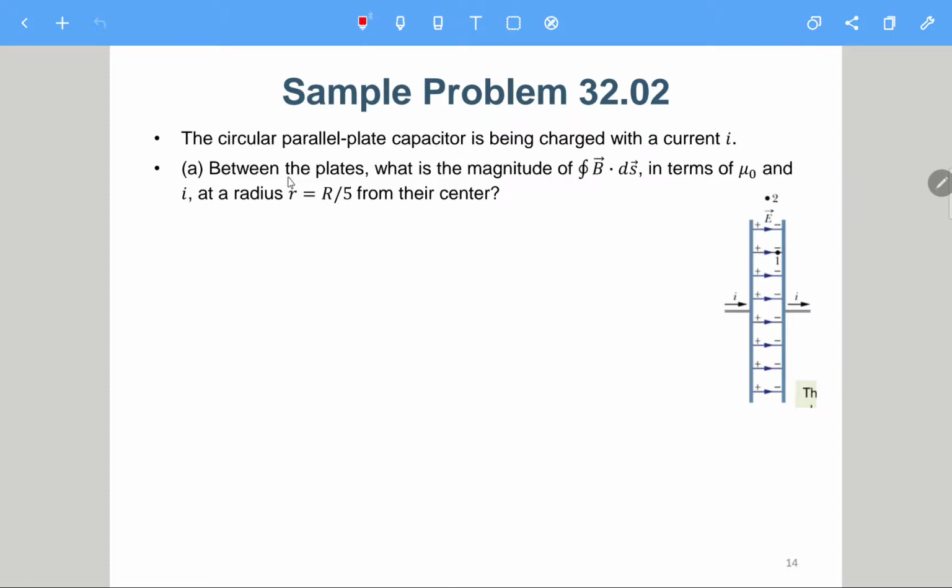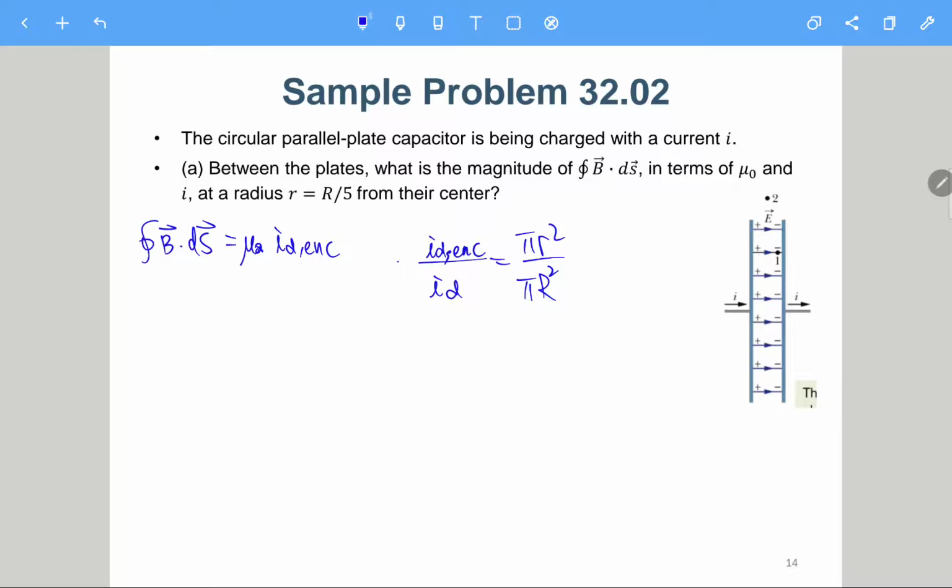So we have B dot ds equals mu naught I_D enclosed. Actually I already derived it. This is nothing but I_D enclosed over I_D equals pi small r squared over pi capital R squared.